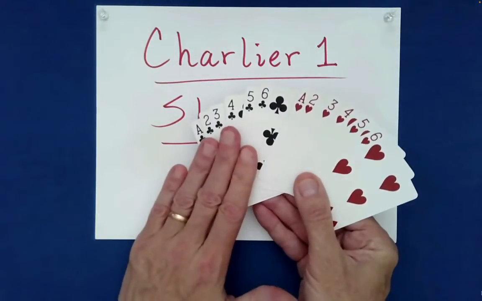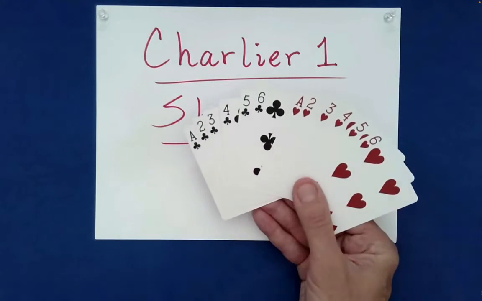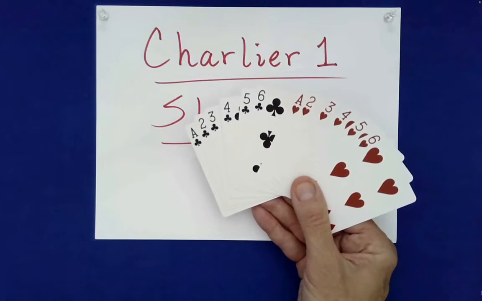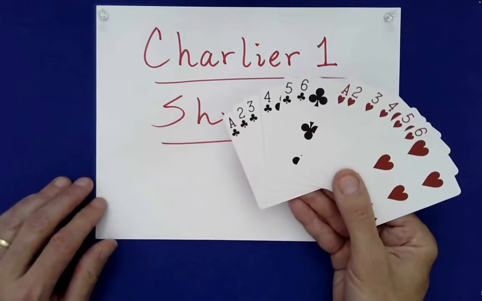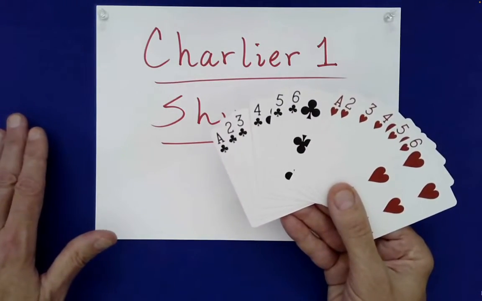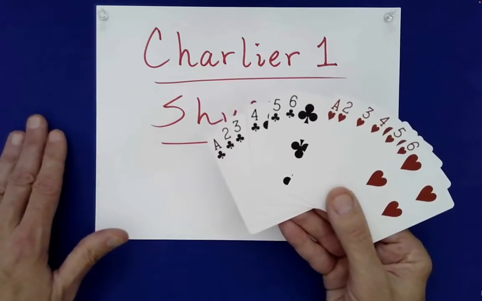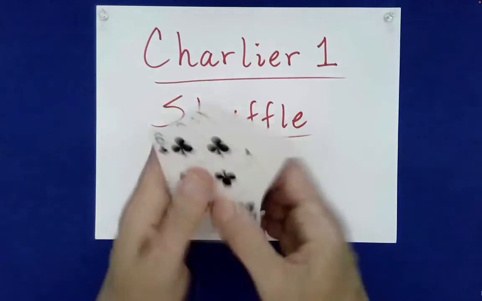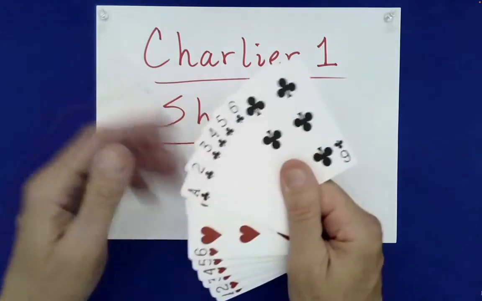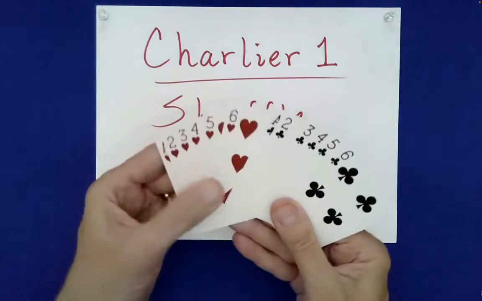So these 6 that are on top will be moved to the bottom, and vice versa. Well, then, if you just deal 1, 2, 3, 4, 5, 6, we'll be dealing 1 card of each value for a given color. In fact, if these get moved to the bottom by a Charlier 1, it would now look like this.